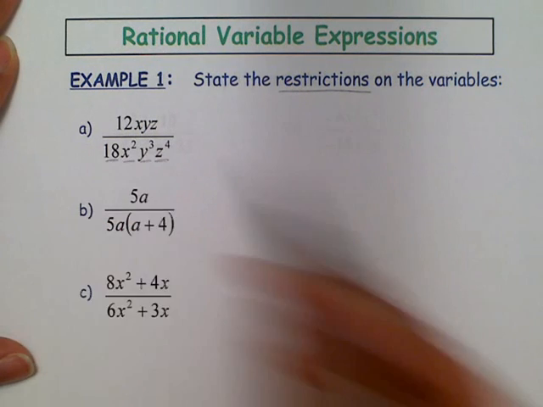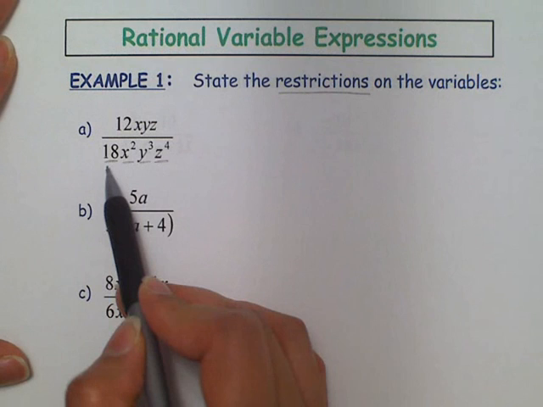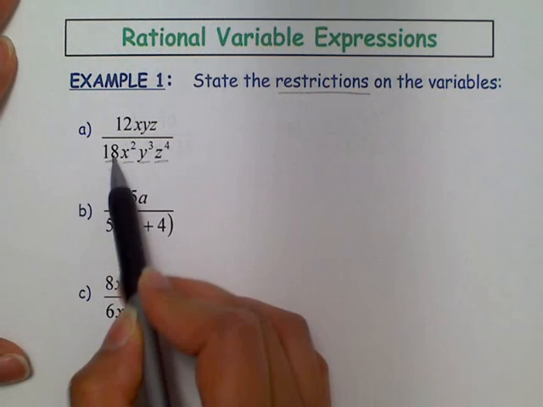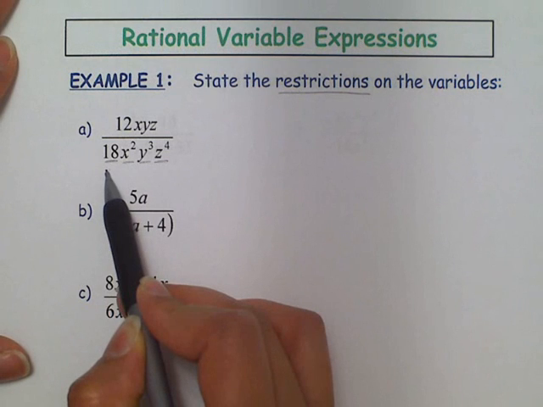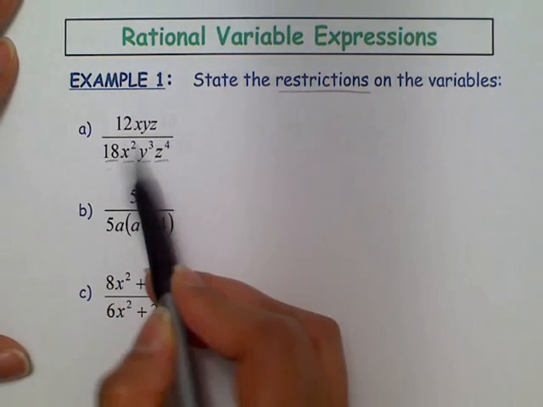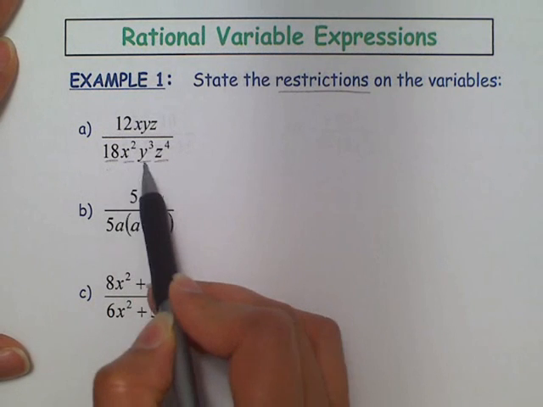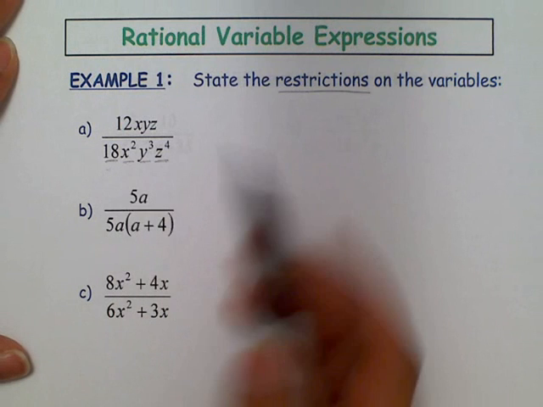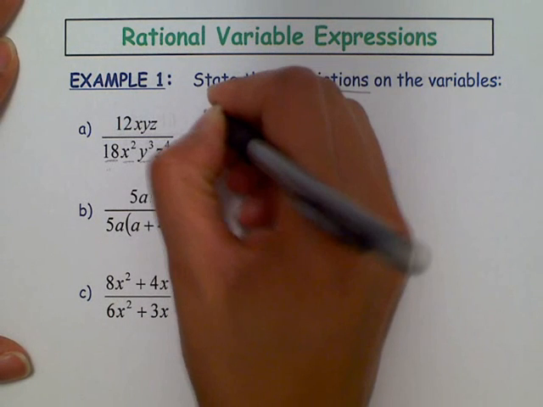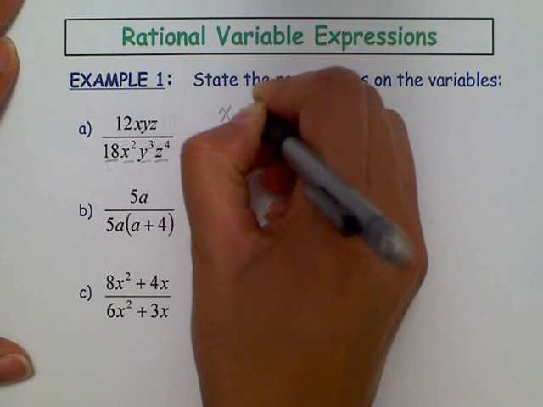We have 4 factors. And the first factor is just a numerical part. So here the numerical coefficient will never give me a result of 0. Okay, so the only variables here that can give me a result of 0 are the x, the y, and the z. And the only way x can make the denominator equal to 0 is if x is equal to 0.